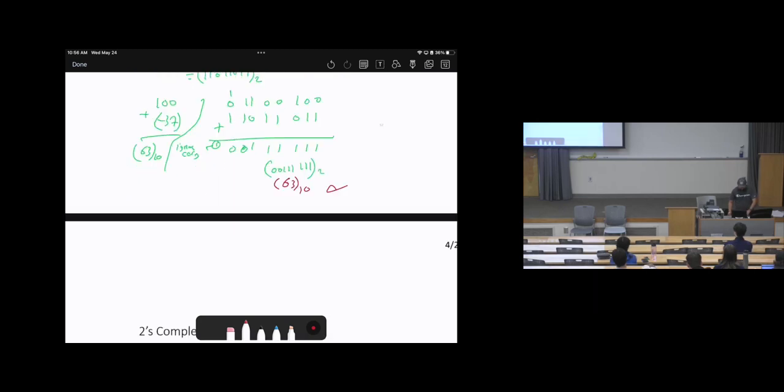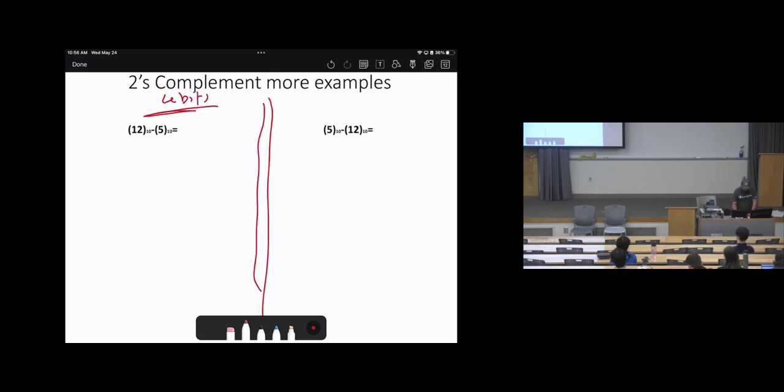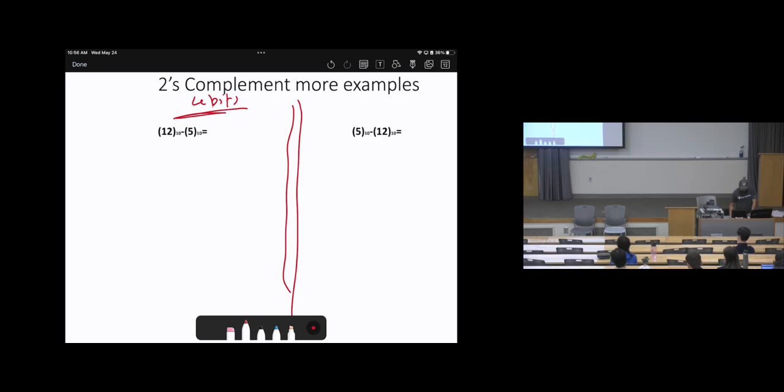Let's see another example. 12 minus 5 or 5 minus 12. Let's try these two. And I'm going to assume we have 4 bits. And the word 4 bits is very important. So how to represent the 12, how to represent the 5. 12 can be represented as 1, 1, 0, 0 in binary. 5 can be represented, in 4 bits, as 0, 1, 0, 1.